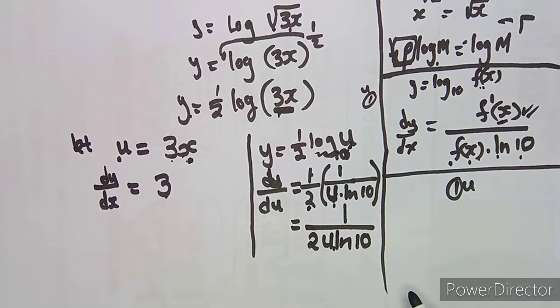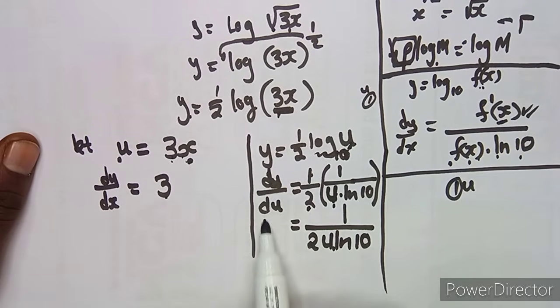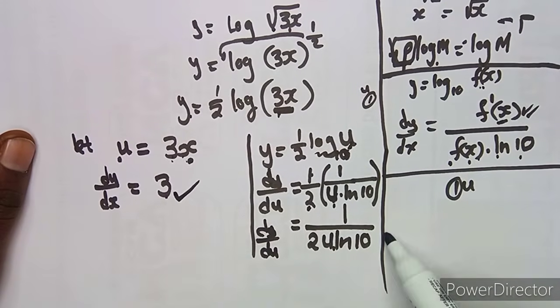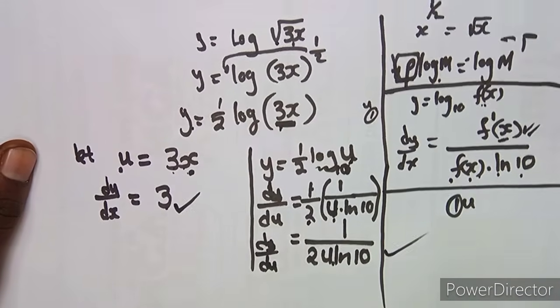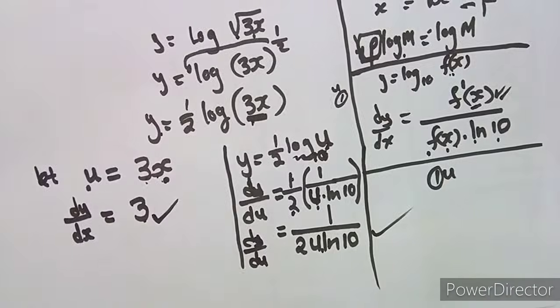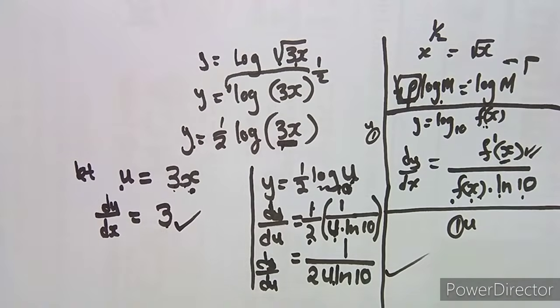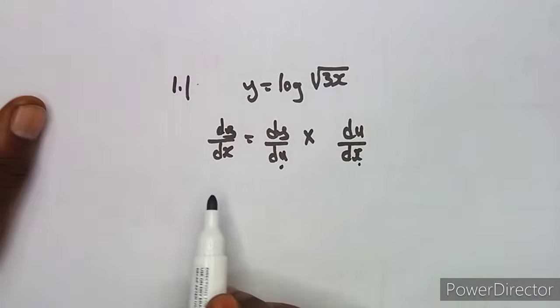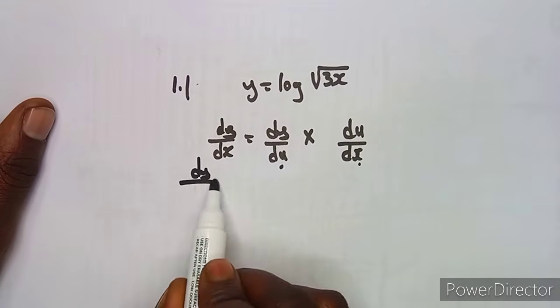So in this case now, I have my dy/du and I have my dy/dx. These are the two that I'm having. So what am I going to do with these? I can substitute now into the major formula that we had here. So now dy/dx.